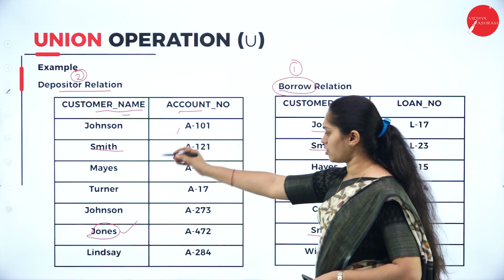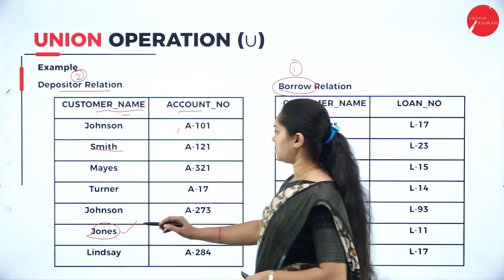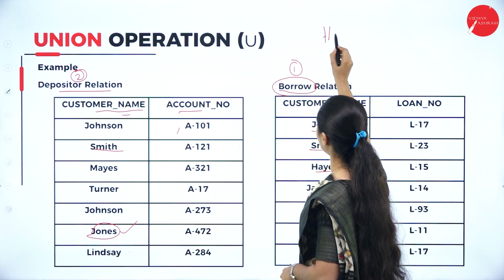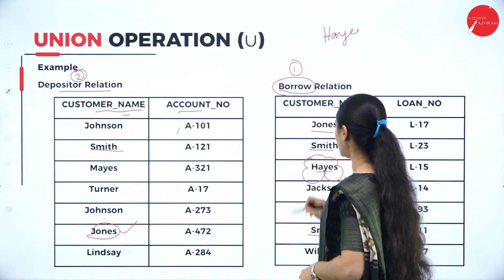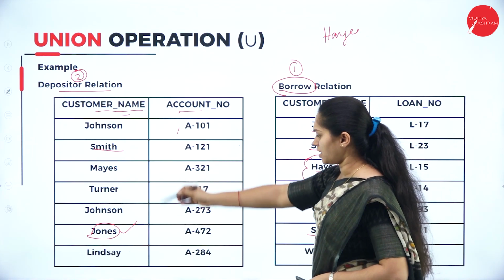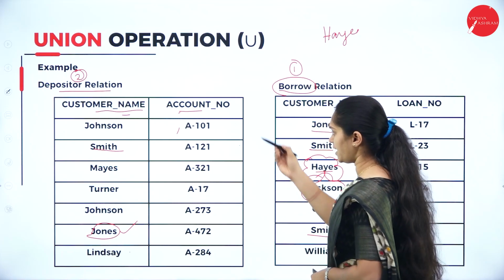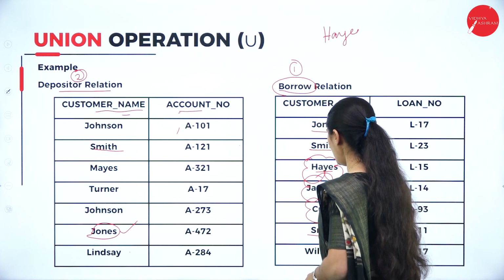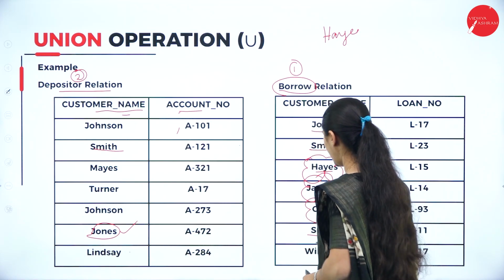And Smith, that we also have, and Hayes, that is not present in this. So you can expect this resultant Hayes. Let me mark like this. And also we have a Jackson but not here. We don't have Curry in this depositor table. And we have Smith, Williams. Williams is also not there in this.